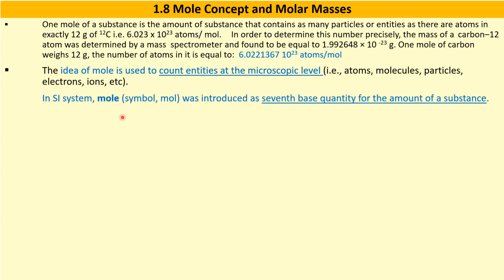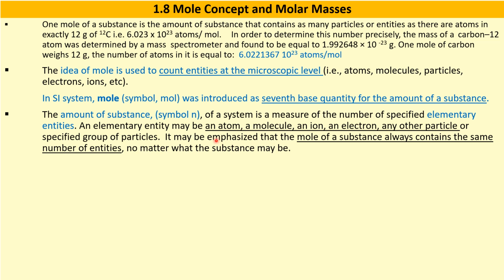In the SI system, the mole, with symbol mol, was introduced as the 7th base unit for the amount of substance. The amount of substance, symbol n, of a substance is a measure of the number of specified elementary entities. An elementary entity may be an atom, a molecule, an ion, an electron, any other particle or specified group of particles.